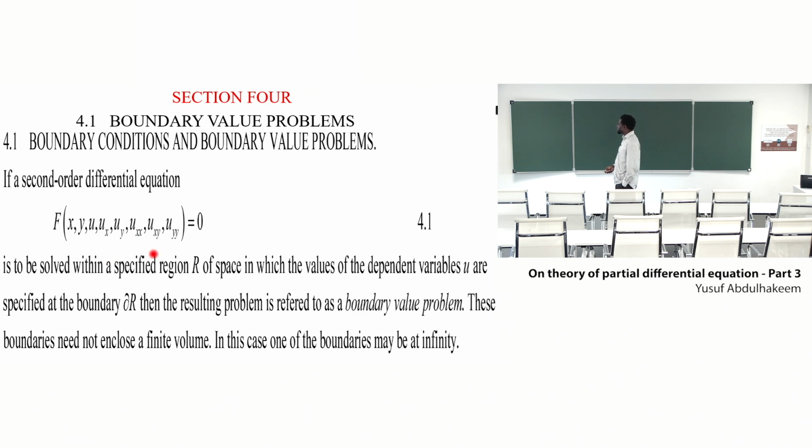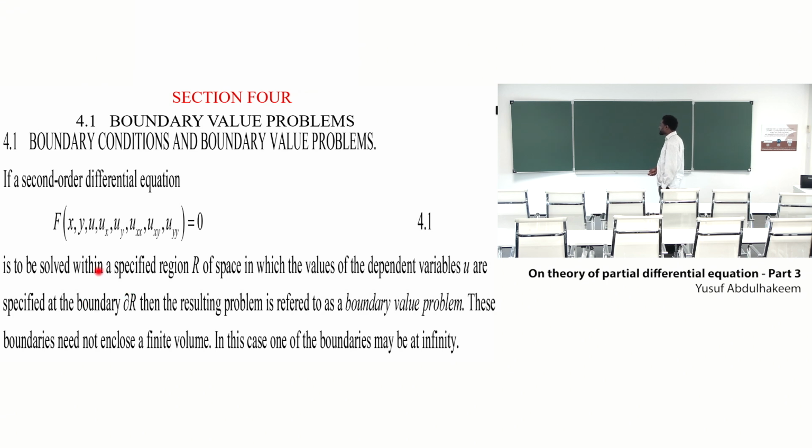The derivatives are uxx, which implies the second partial derivative of u with respect to x squared, uxy, which implies the second partial derivative with respect to x and y, and uyy, which implies the second partial derivative with respect to y squared. Everything here is equal to 0.